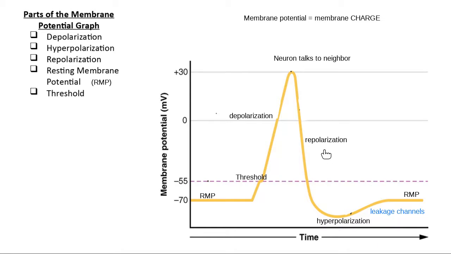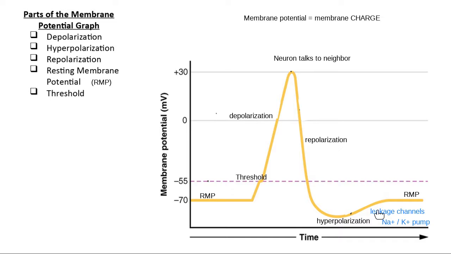In the process of repolarization, I spit out way too many potassiums. In depolarization, I brought in way too many sodiums. Slowly, my leakage channels are going to get us back to our normal levels. The other kind of channel that helps us get back to normal, I guess it's not technically a channel, it's a carrier protein: the sodium-potassium pump.